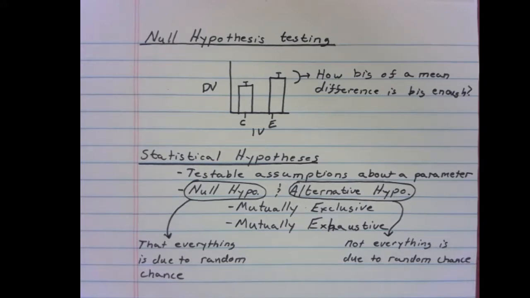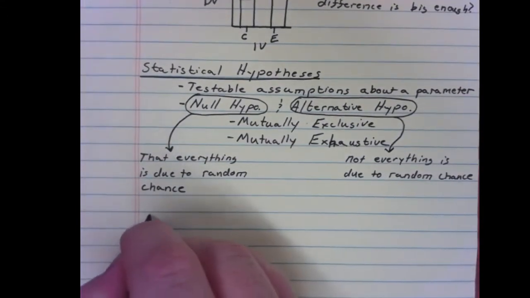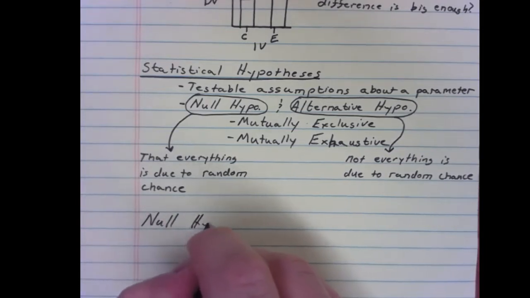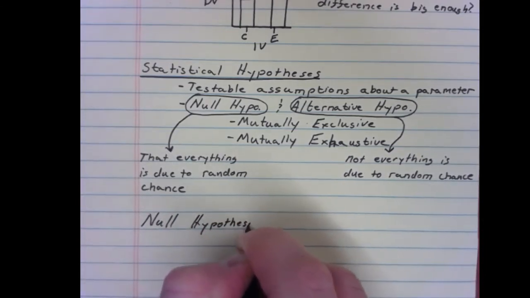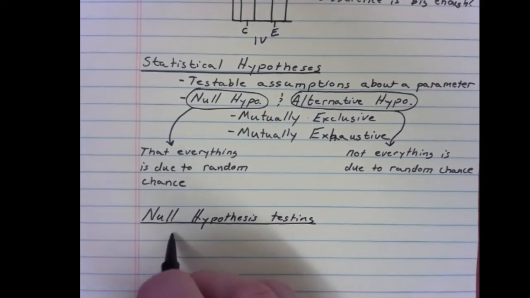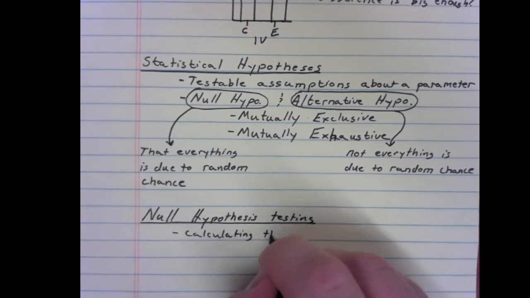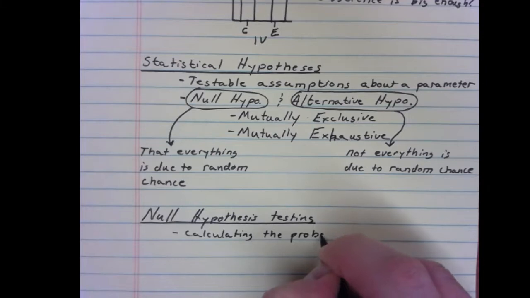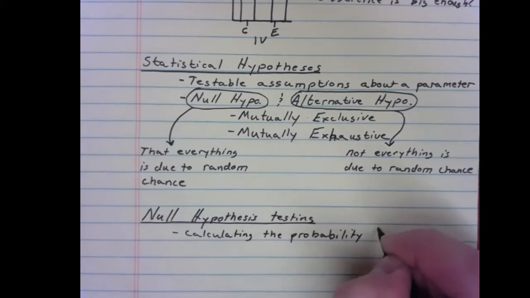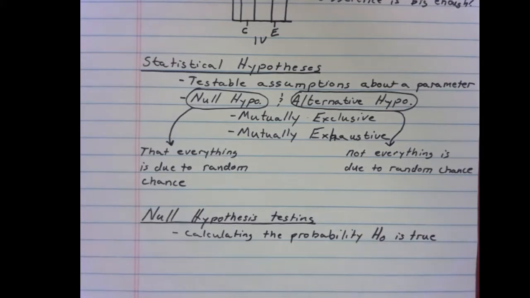So, when we think about null hypothesis testing, what we're really doing is we're calculating the probability that the null hypothesis is true, then we are using that probability to make a judgment.